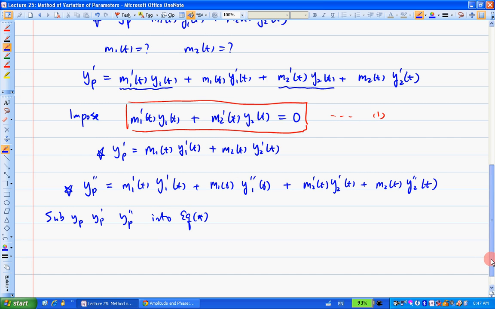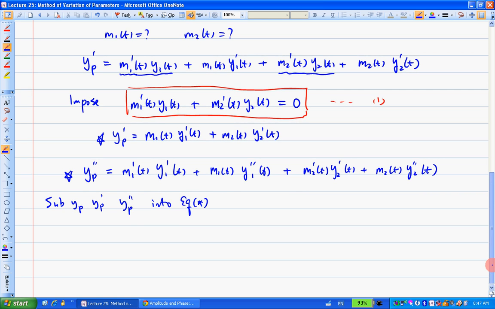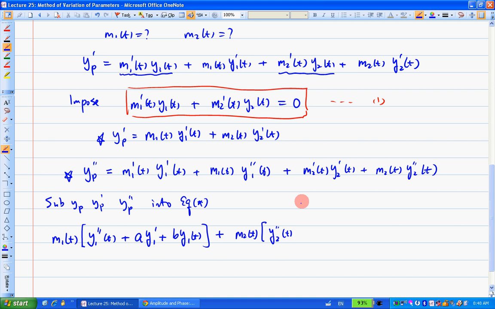Once you do that, we end up with this expression: m1 times (y1 double prime plus a y1 prime plus b y1) plus m2 times (y2 double prime plus a y2 prime plus b y2). It's very clean and neat actually.